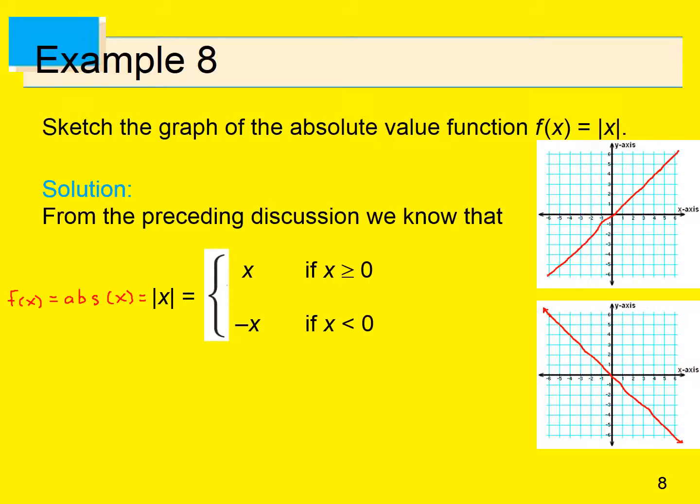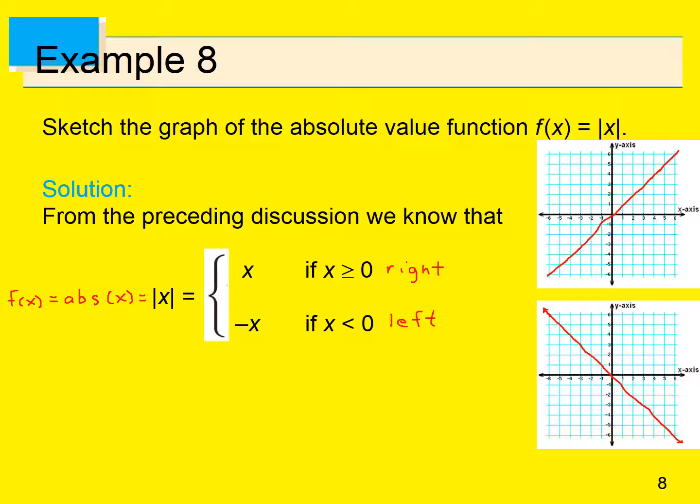Well, let's see. X greater than or equal to 0, that's the right. X less than 0 is the left. So we're going to put the right part of the top graph onto the big graph.